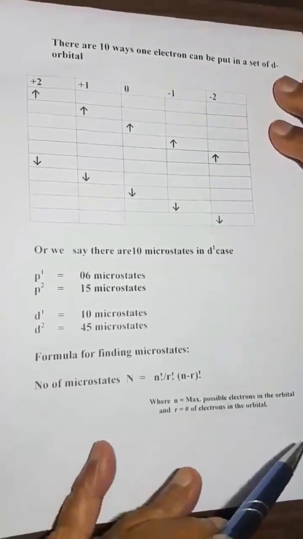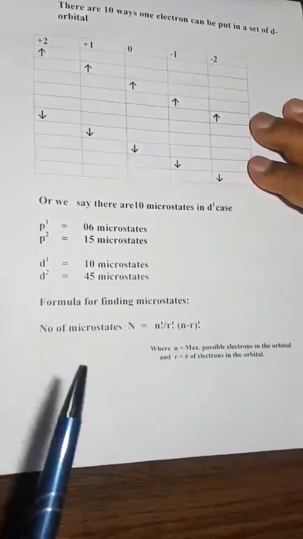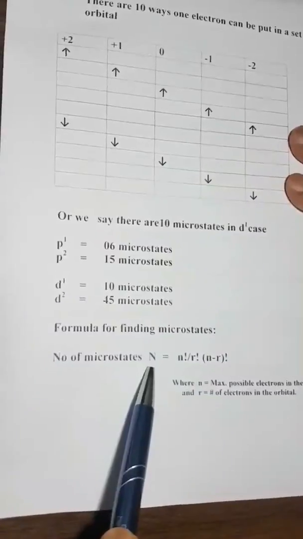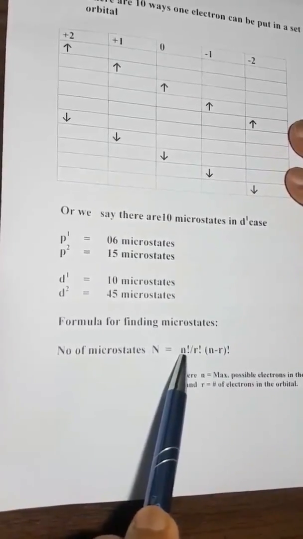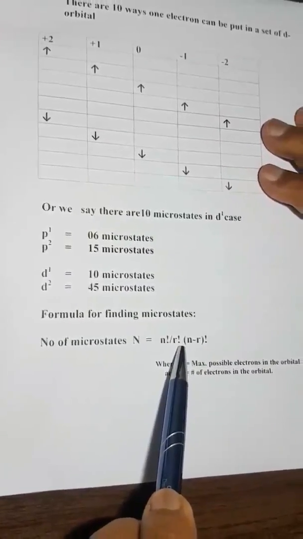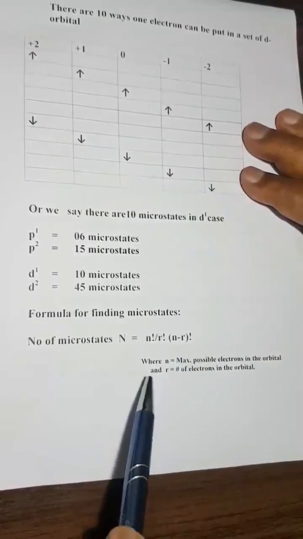The formula for finding microstates is shown here. The number of microstates, capital N, is equal to small n factorial divided by R factorial multiplied by n minus R factorial.